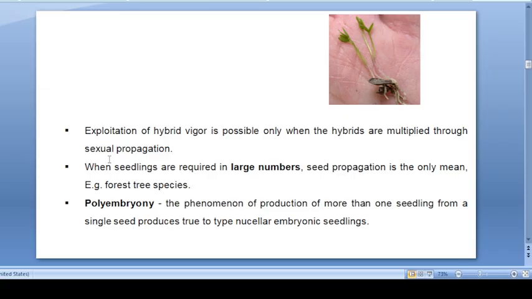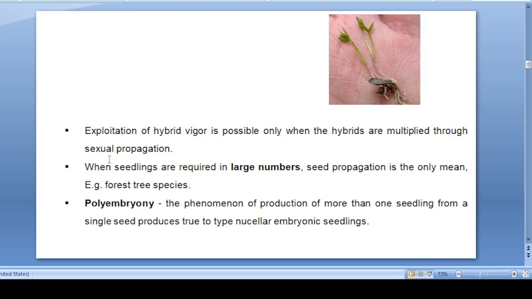Next, another advantage here is that we can exploit hybrid vigor extensively using seed propagation. Are you aware what hybrid vigor is? This is the superiority of the offspring over the parents.